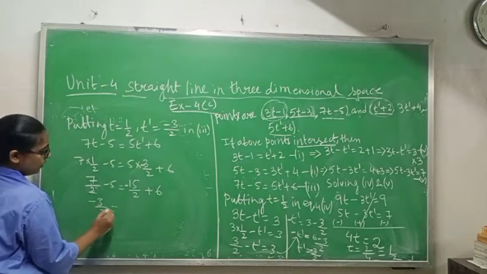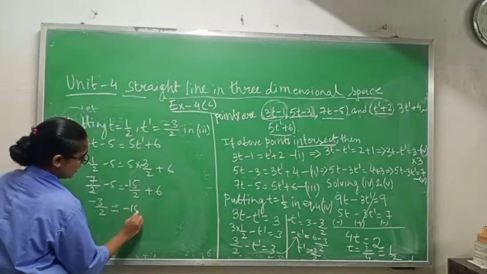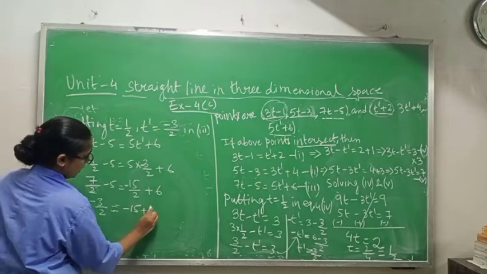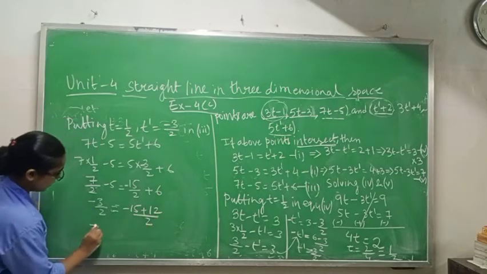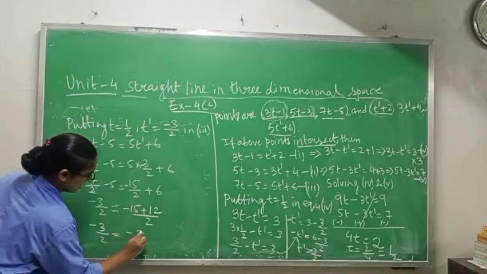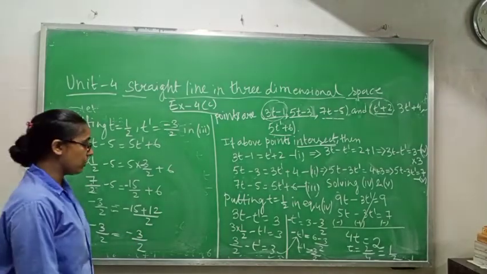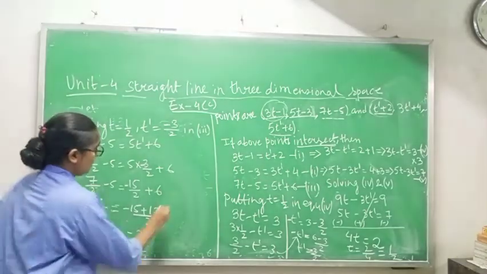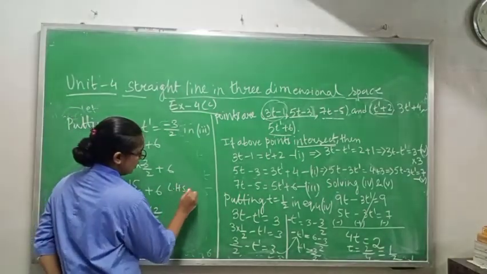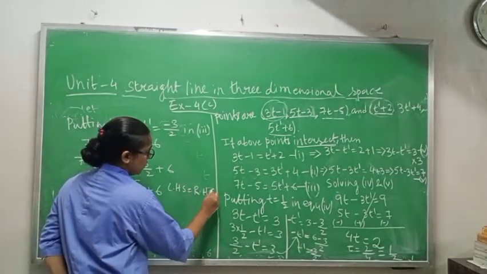So it is coming this much, and it will come minus 15 plus 12 by 2. It means it will also come minus 3 by 2. See, LHS and RHS are coming the same. So what you will write? LHS equals RHS.